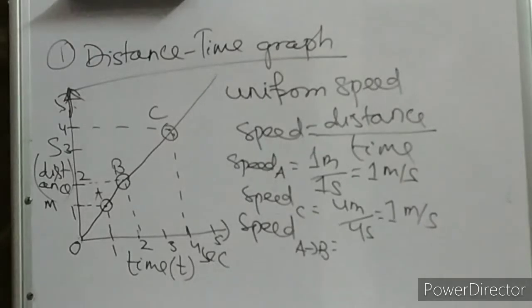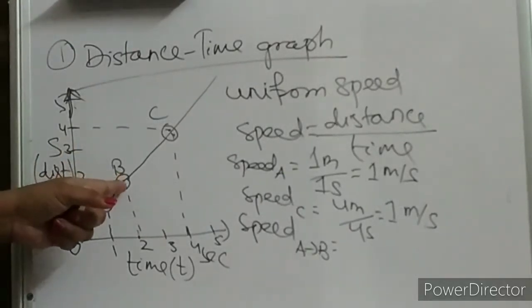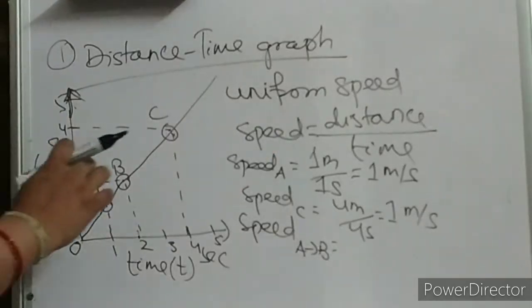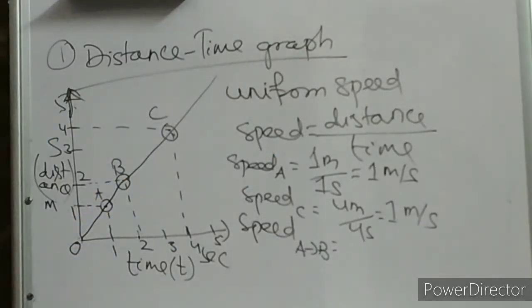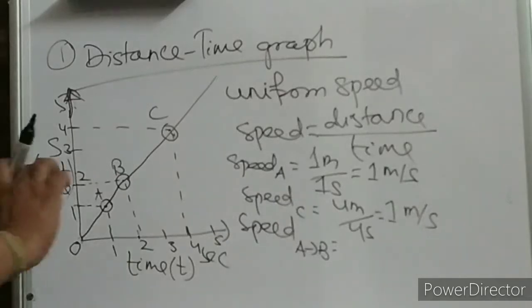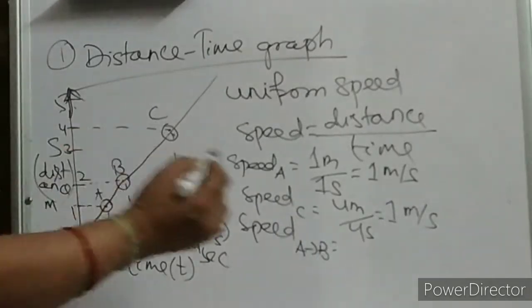What are you going to write then? Speed, first distance travelled. So what is the distance at point B? The distance will be 2.